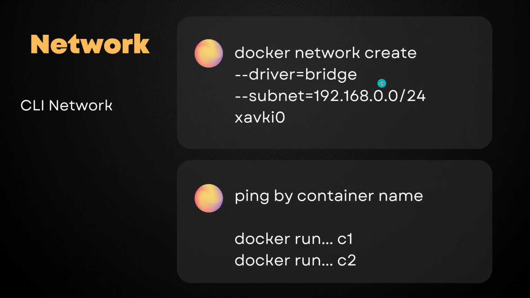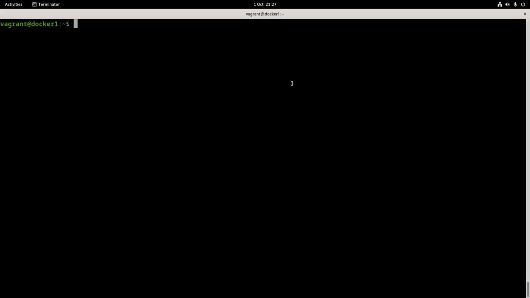When you create a new network, you can set the kind of this network with docker network create and --driver to set a bridge, for example, but you can set another kind of network.